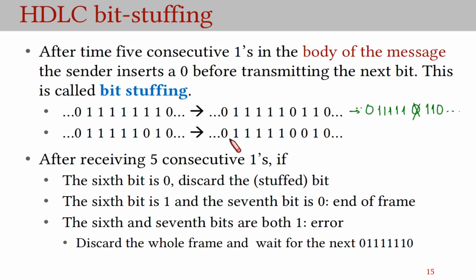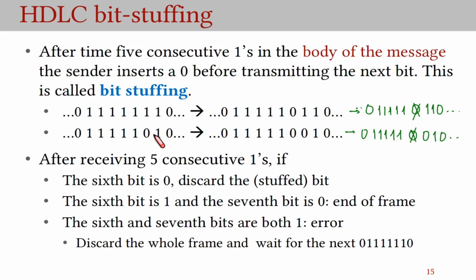And so what the sender is going to do is it's going to send this stuff that is before followed by 5 ones, and then 2 zeros, and then 1 and a 0. And again, the receiver will discard this 6th bit after 5 ones, and then keep the rest. And so basically again it matches what was sent. Okay.